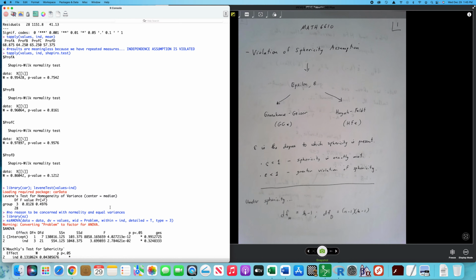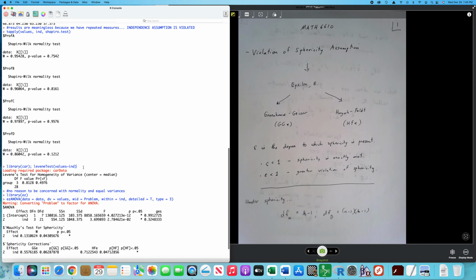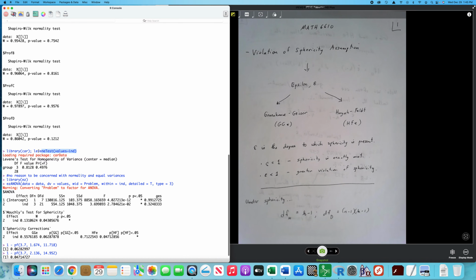If I was writing up the summary of this result, I would want to include the QQ plot. And switching gears to the equal variance assumption, p-value greater than 0.05, so we have no concern with normality or equal variance.